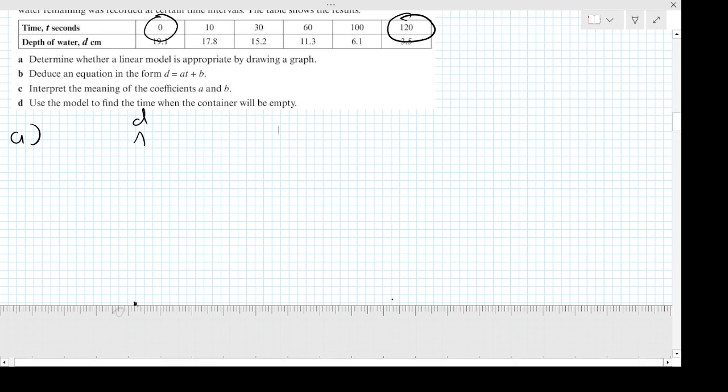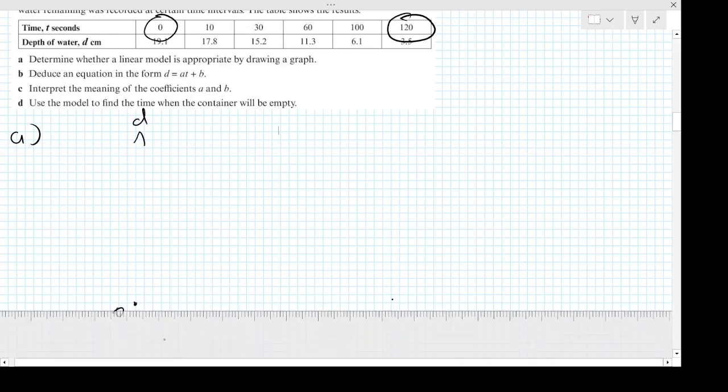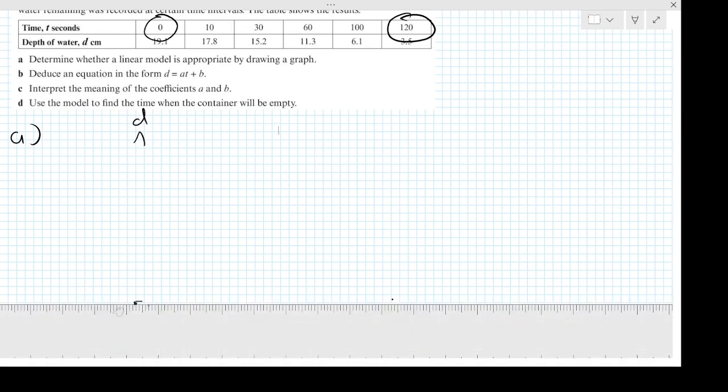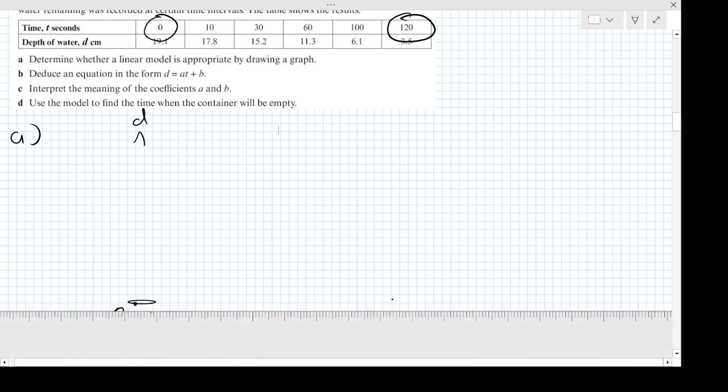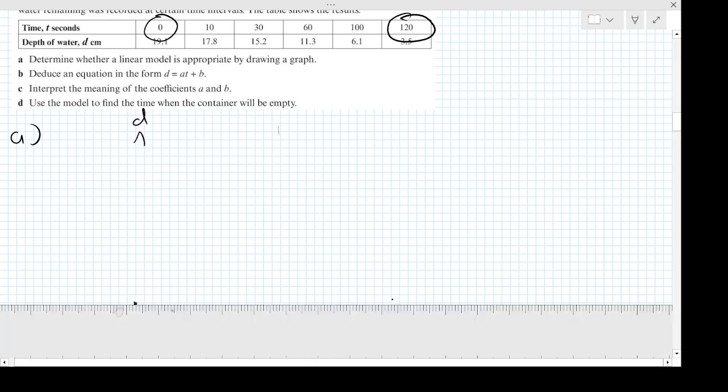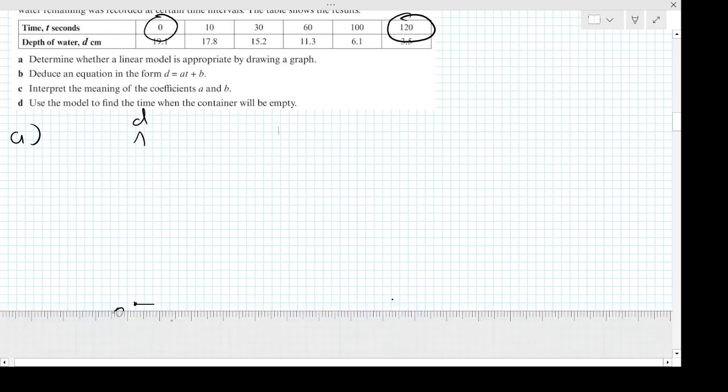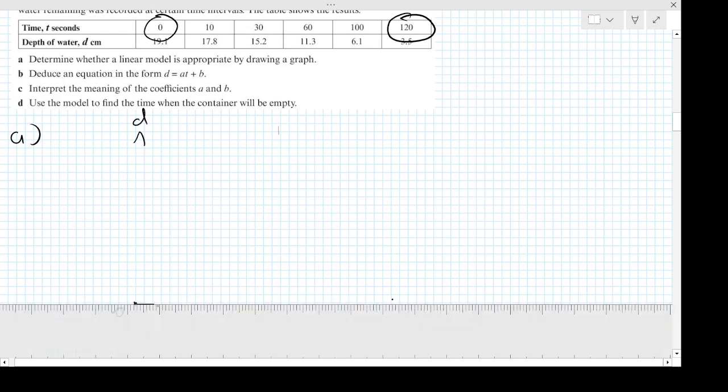So then 10 would be there. Then I have 20. 20 would be there.